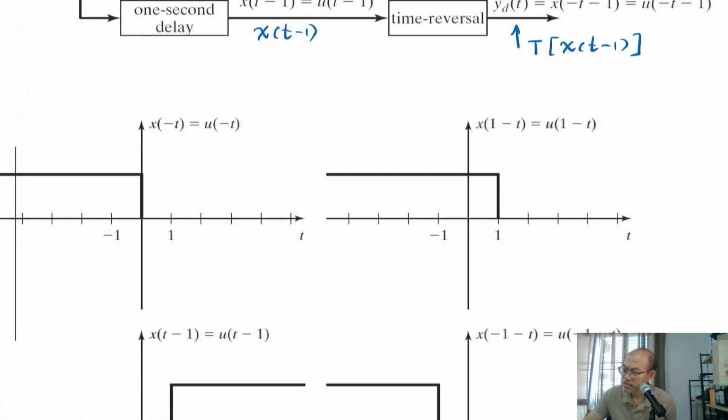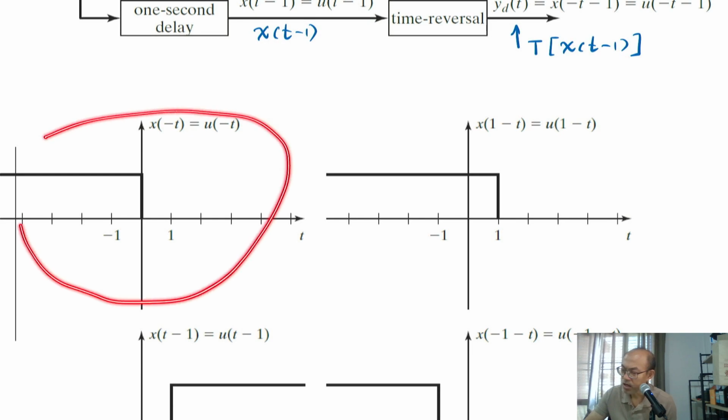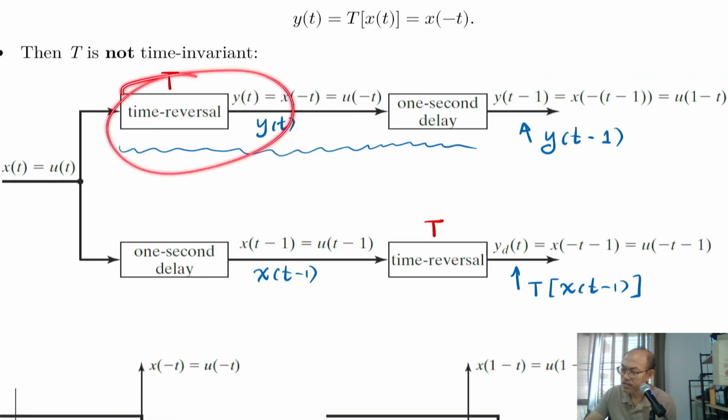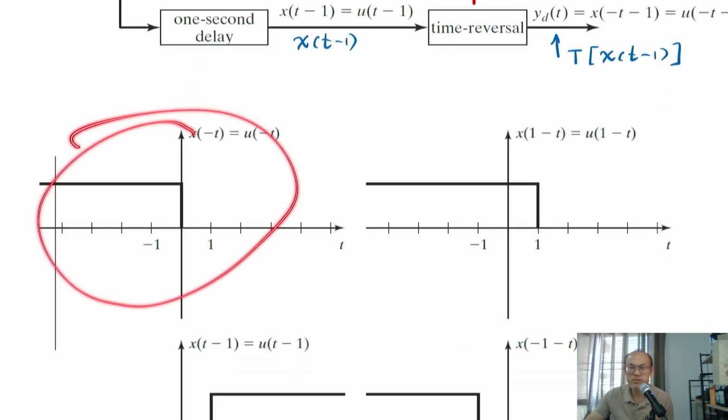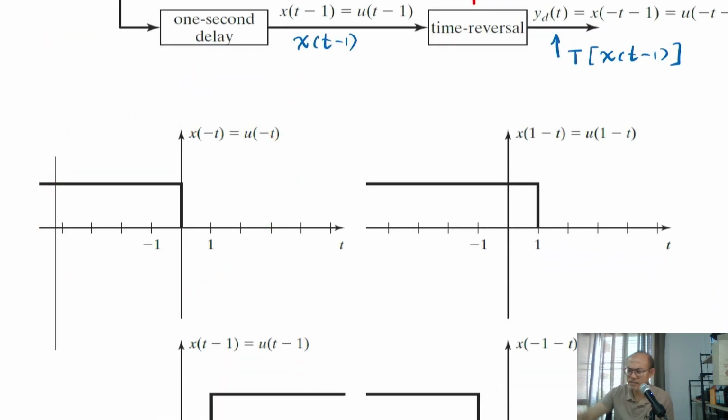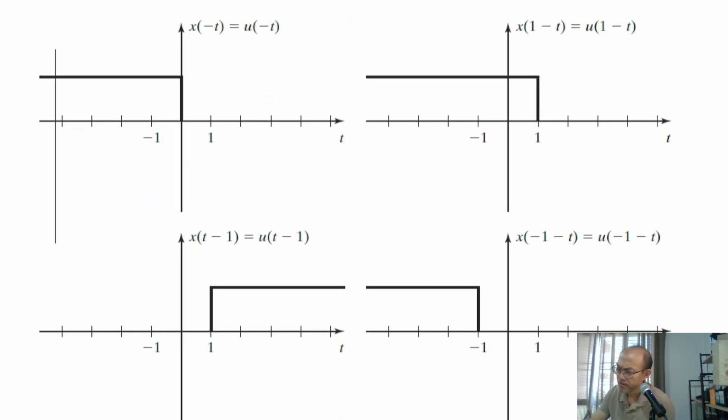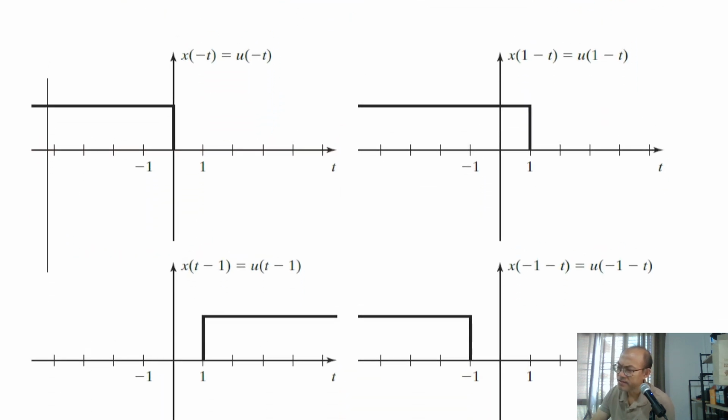Again, here, this is what comes out of the system. If we put the unit step into the system, this is what comes out. And this is the delay of this one to the right, 1 second later.